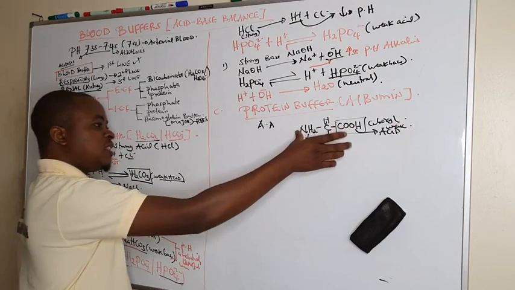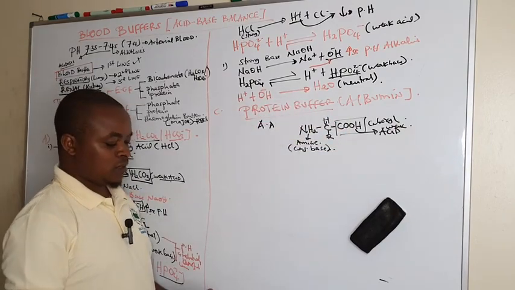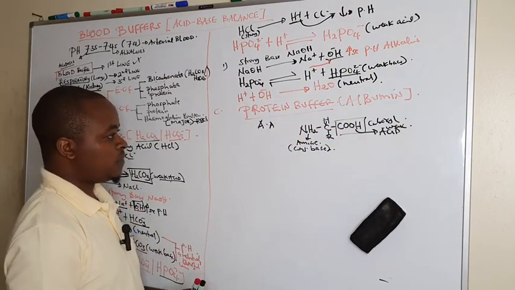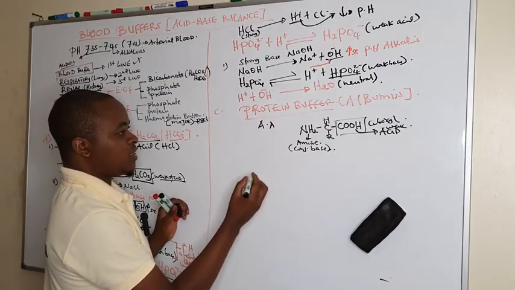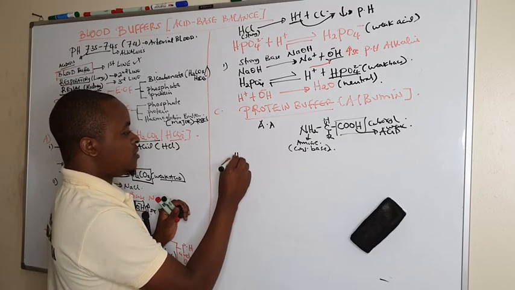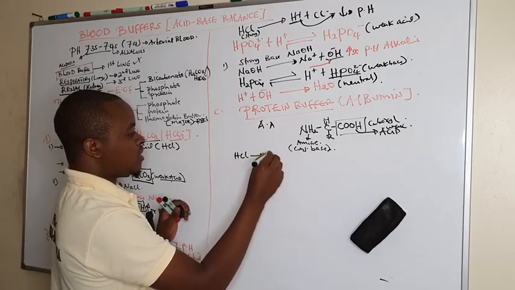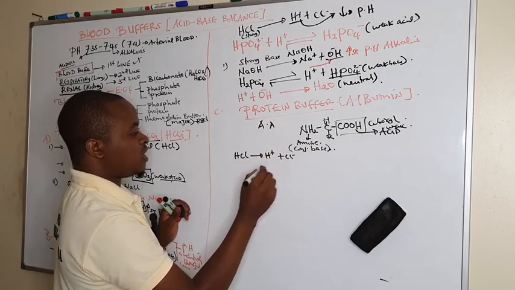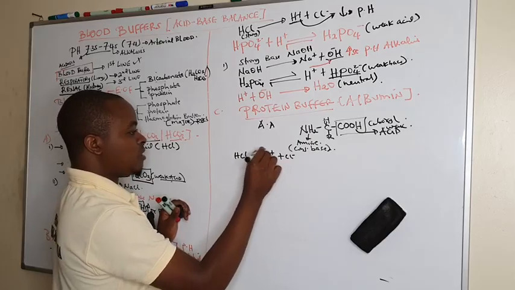So if you have such an amino acid in a buffer solution, on addition of an acid such as hydrochloric acid, the hydrochloric acid gives the hydrogen ions which have the ability to decrease the pH.